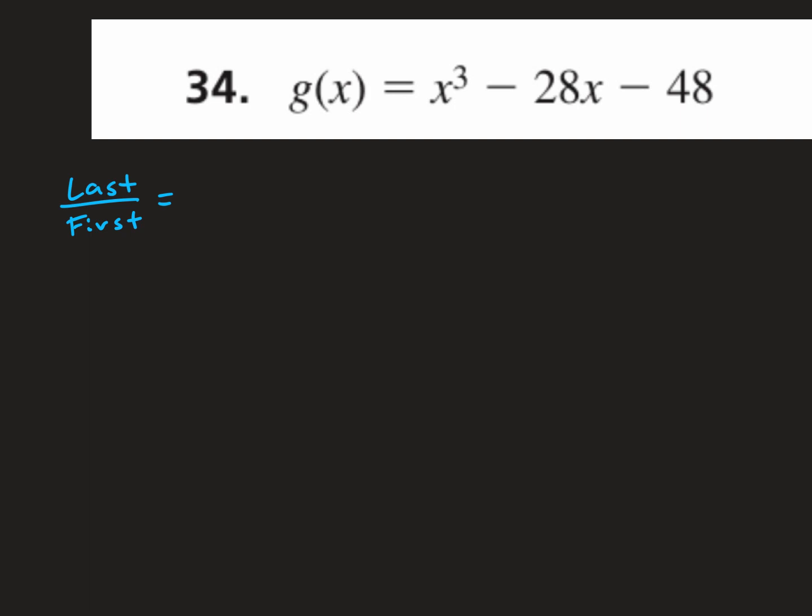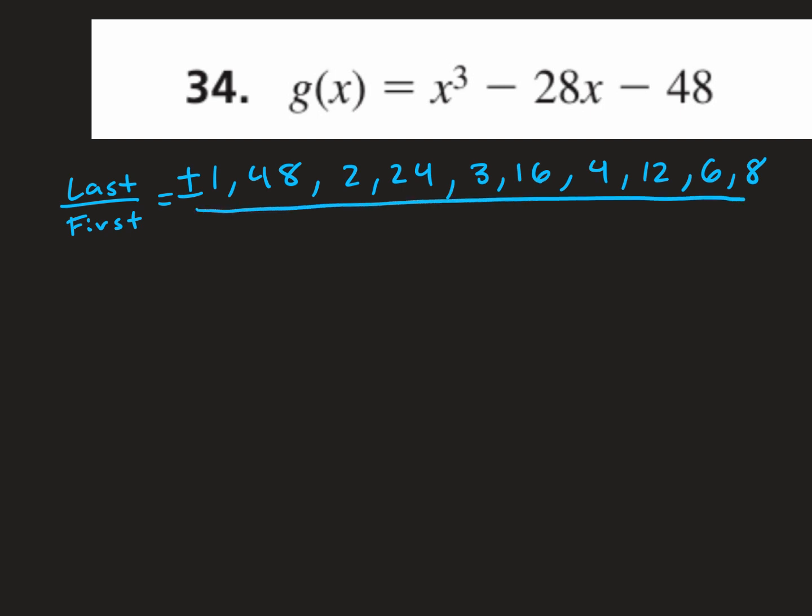What are factors of 48? 1, 48, 2, 24, 3, and 12, 16, 4, and 12. 16. Perfect. I think that's all of them, but we can start with that for now. That gives us a lot of possibilities. What are factors of the first? 1. Perfect. So all of these are whole numbers.